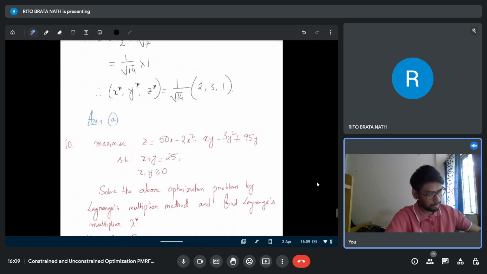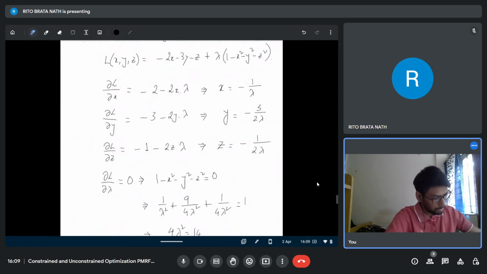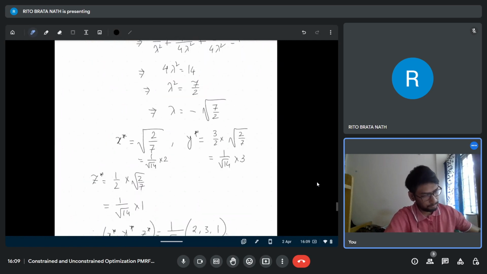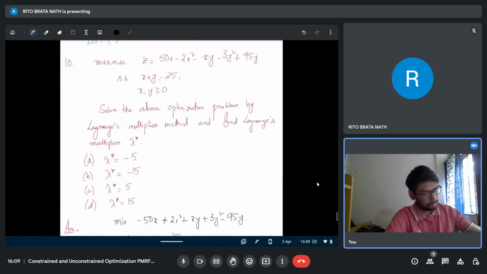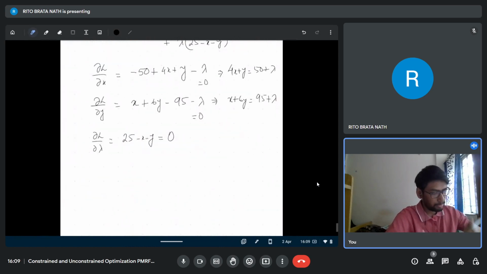Did I write those in the previous problem? It should be equal to 0. Okay. Now, somehow you have to find the value of lambda from here.